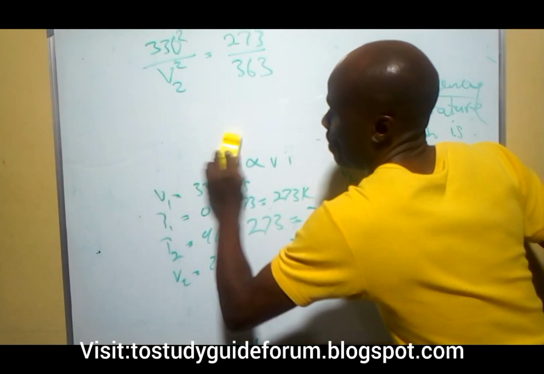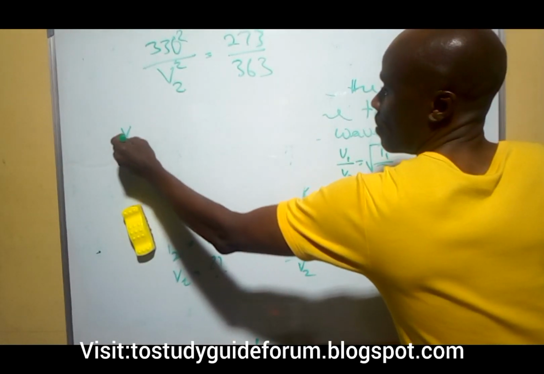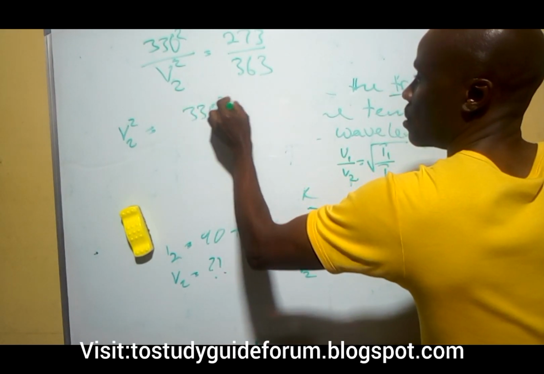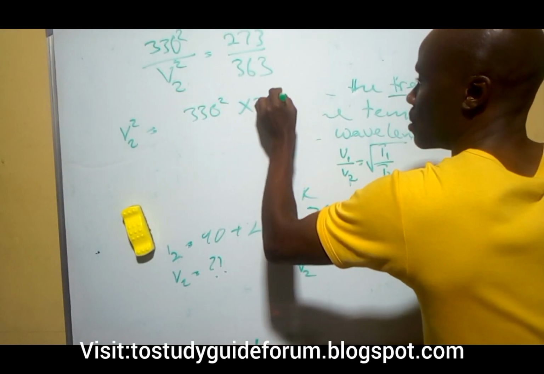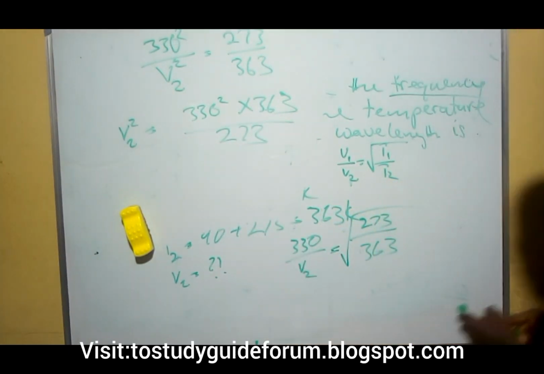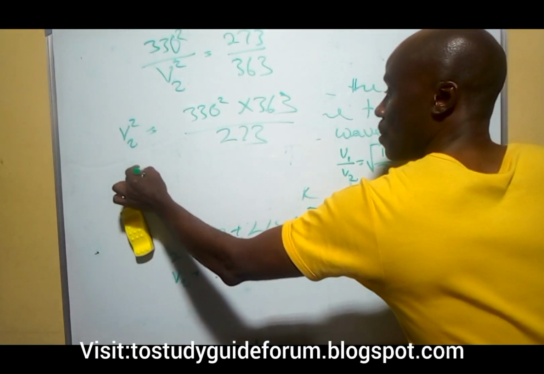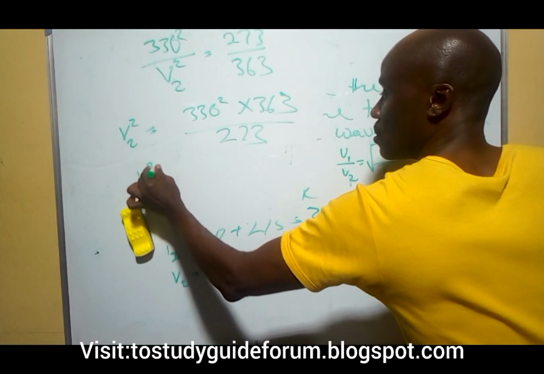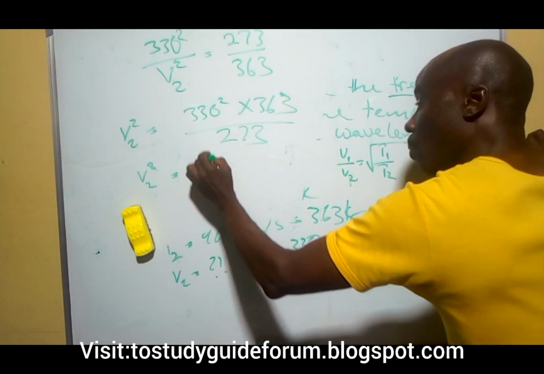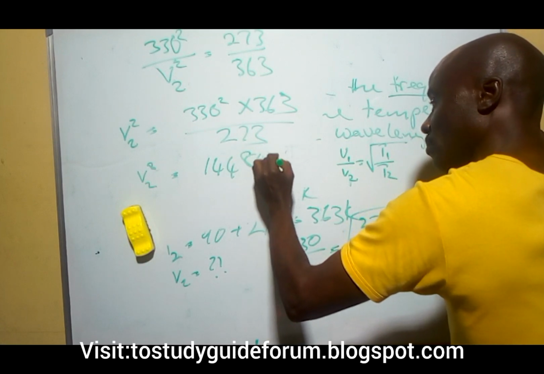If we cross multiply this, we will have 273 times V2 squared equal to 363 all over, that will give us V2 squared equal to 144,801.1.